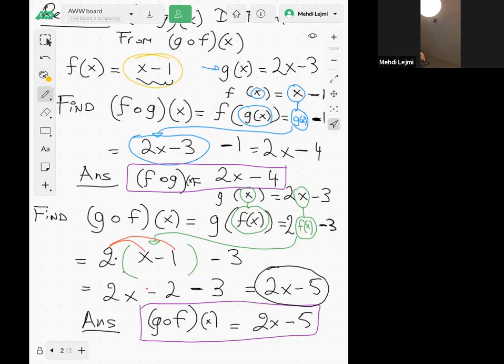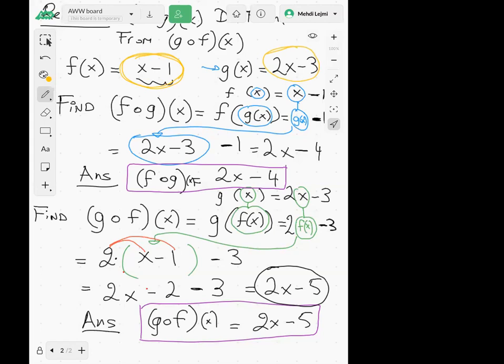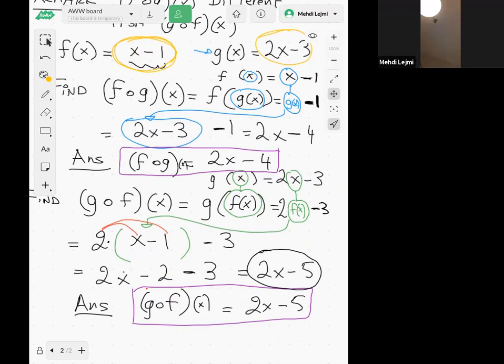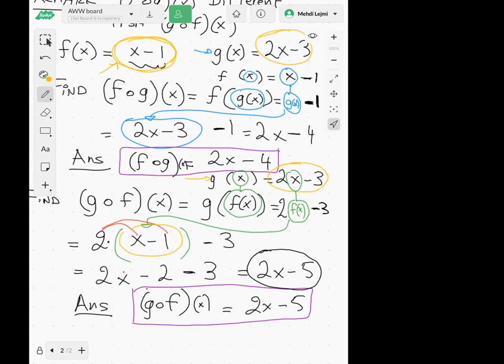Here's my f, and here's my g. That's what I'm using here. Here's my g, that's my 2x minus 3, and the x minus 1. That's given, right? Oh, I see now. Okay, I got it.